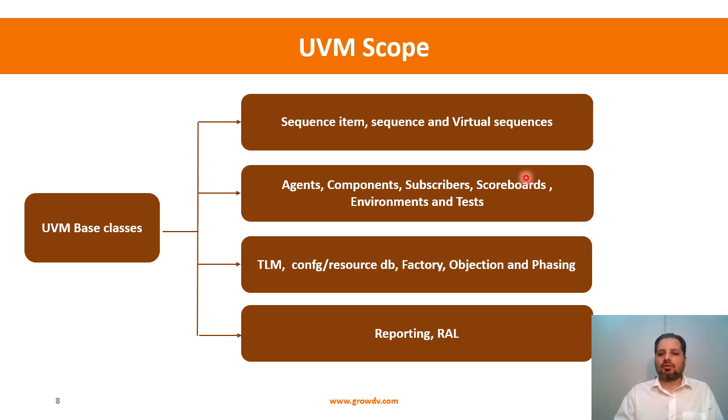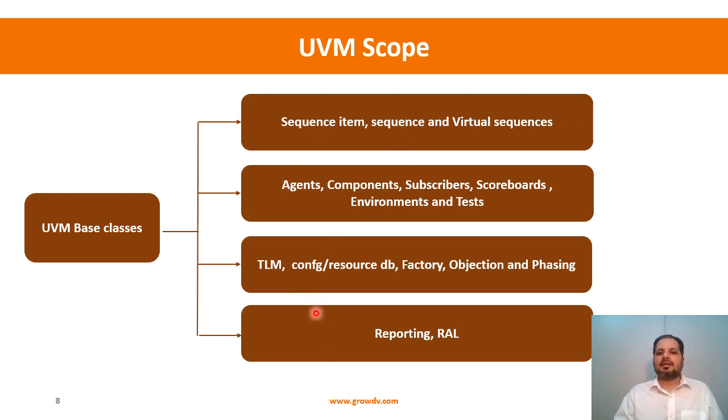And then in the end you have the tests. The basic idea is that the environment will instance all these pieces: agents, components, subscribers, and scoreboards. Then tests will instance environments, configure them, and run a series of sequences on the agents present within the environment. That's the basic idea.